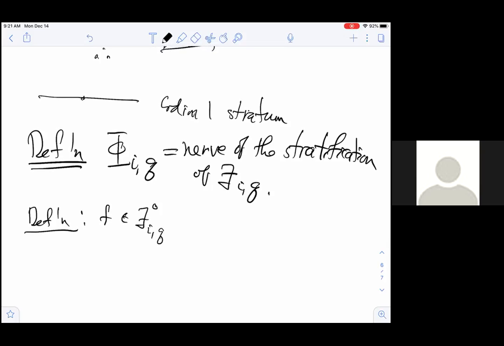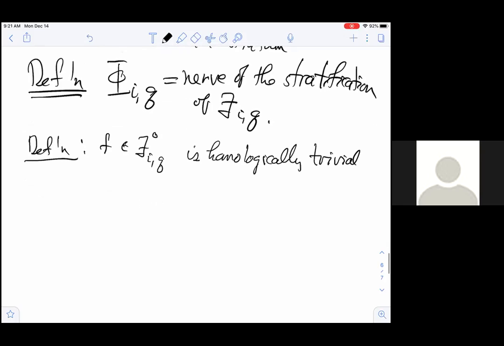So I'll say that one of these vertices, one of these components, is homologically trivial. I'm going to say it in terms of F, but it's completely clear that it depends only on the component of F naught that contains F.